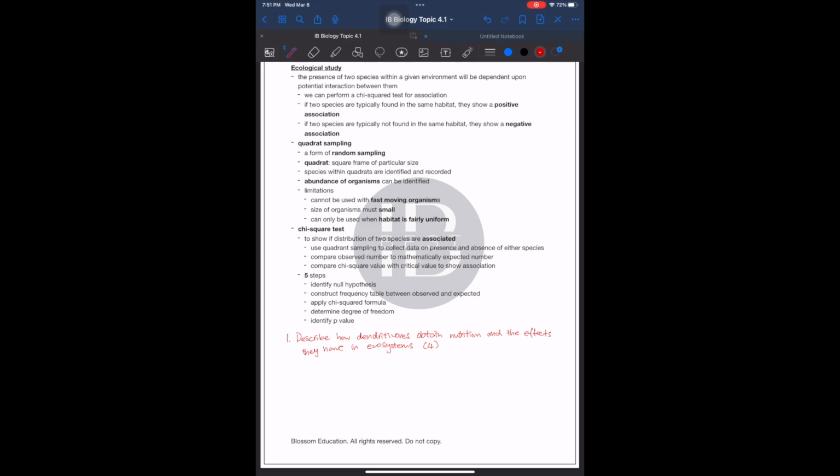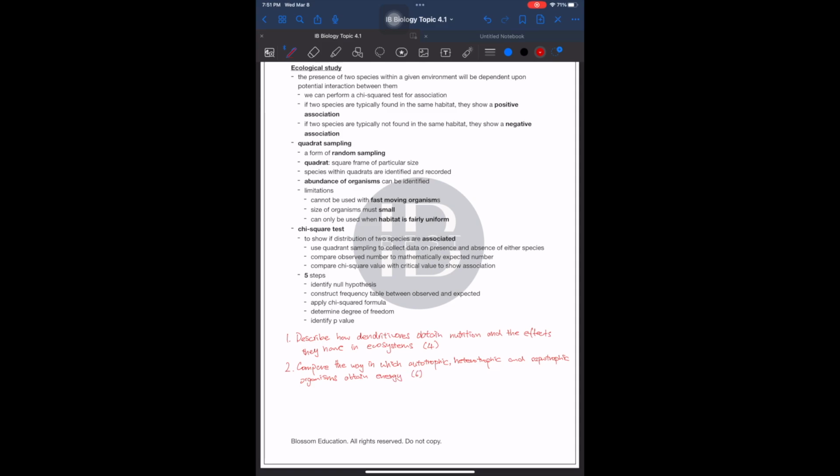Okay, so the second question that I would like you to finish is: compare the way in which autotrophic, heterotrophic, and saprotrophic organisms obtain energy, for 6 points.